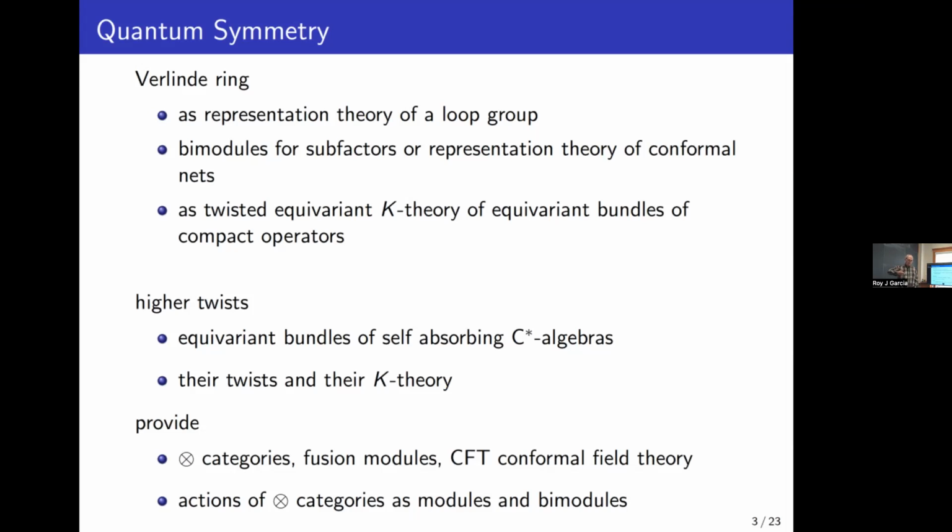With, say, a group, you'd be worried about what group actions occur on a particular operator algebra. So here we worry about actions of tensor categories, either as modules, which is probably more appropriate for the K-theory picture, or as bimodules for the subfactor picture.